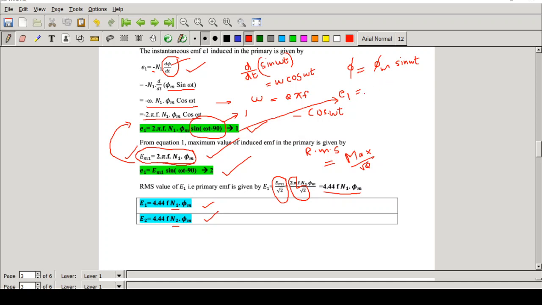Here you have a constant, then you are getting sine omega t minus 90. That means both E1 and E2 will lag the flux by 90 degrees. That is the meaning of this. If you consider the expression for both E1 and E2, you can see that there is a term sine omega t minus 90. Okay, which means E1 and E2 will be in phase, but both will lag the flux by 90 degrees. That also you have to keep in mind.